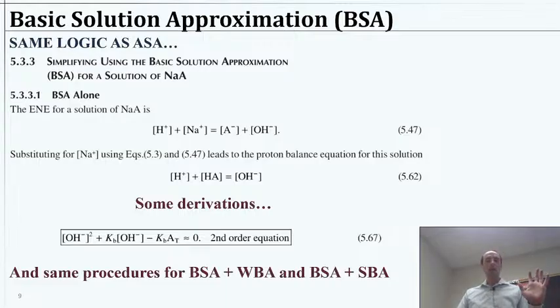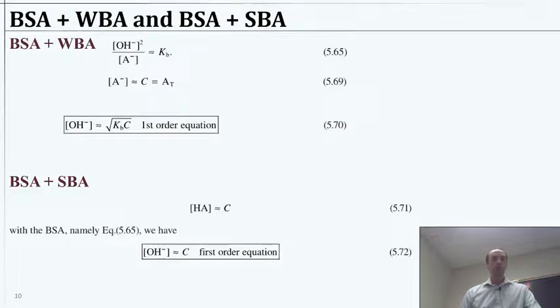But I just wanted to say all of that's going to hold true. It's the same system as acidic, just for basic. And we can do the same with the weak base and the strong base. All of that would come out to be the same exact calculations, just for solving OH minus instead of H plus.